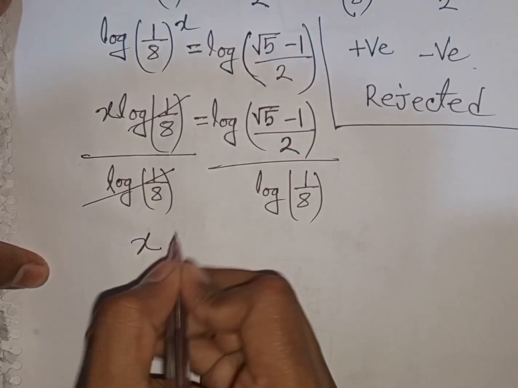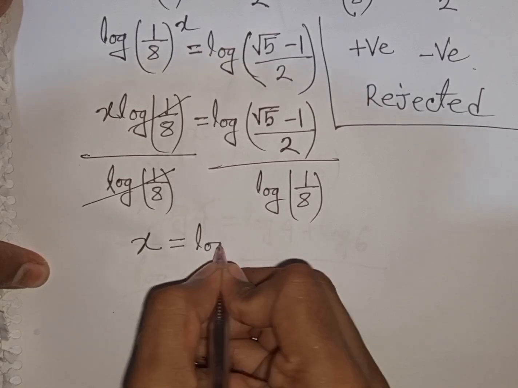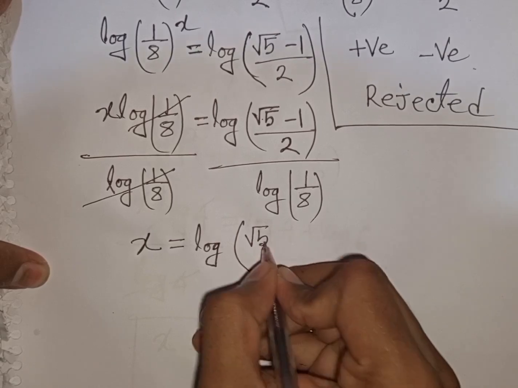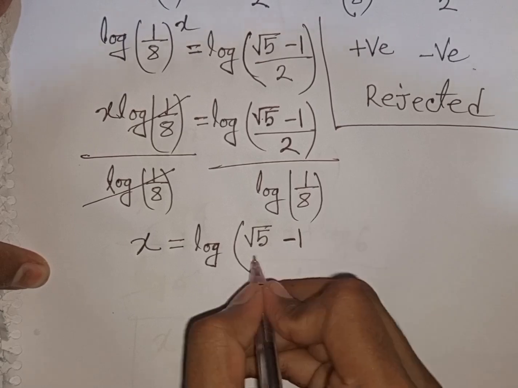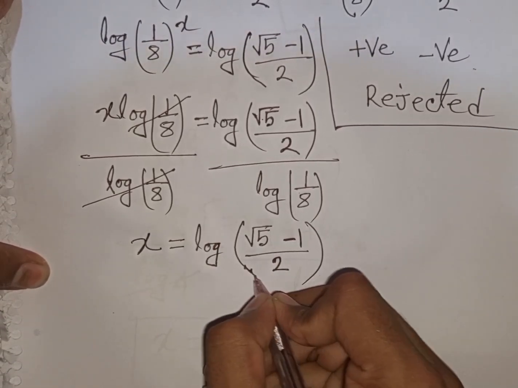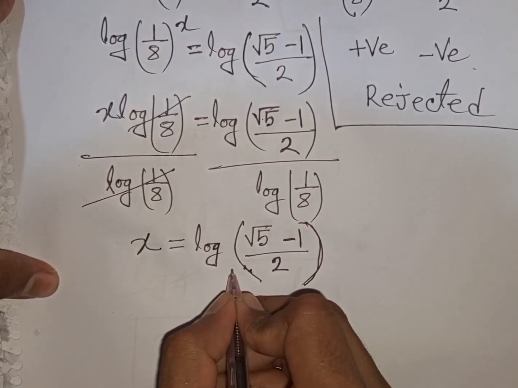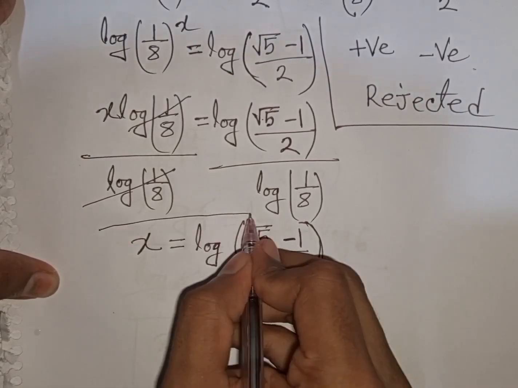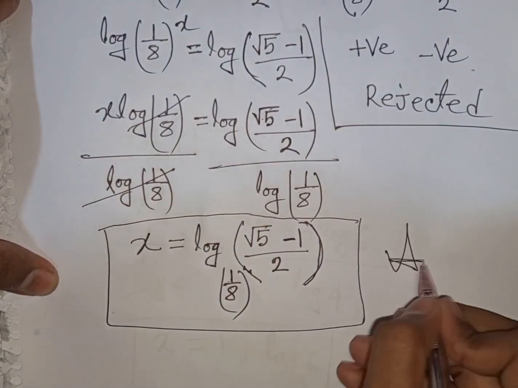So, here x will be equal to this divided by this, that means it will be log of (square root of 5 minus 1) over 2, with base 1/8. So, this is the value of x. So, this is our final answer.